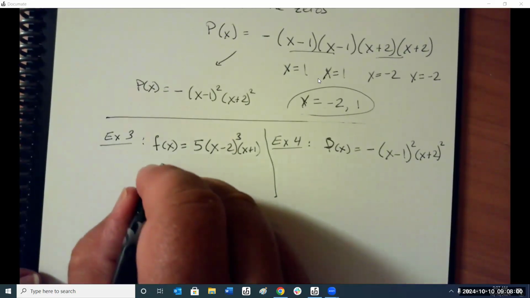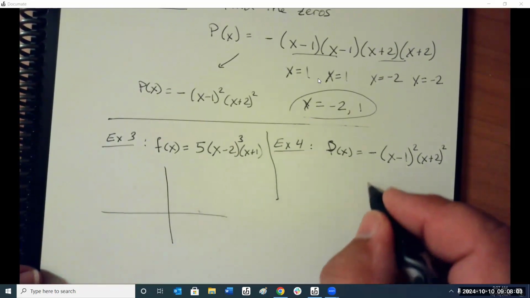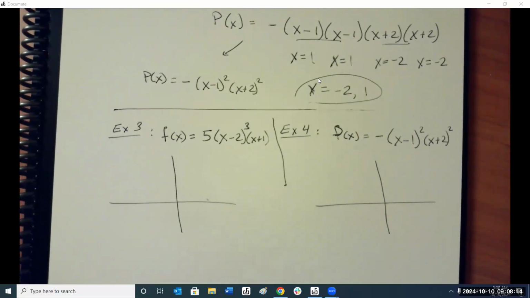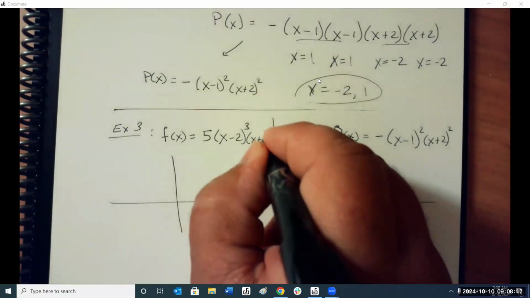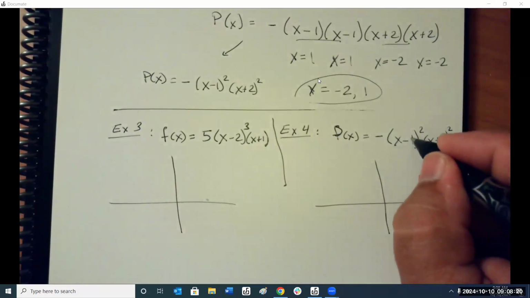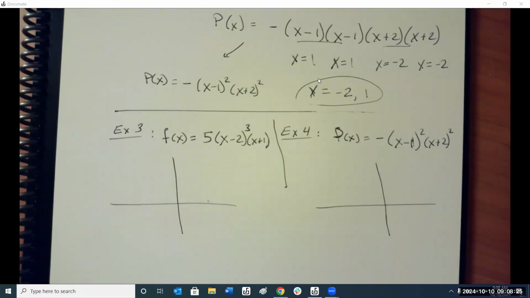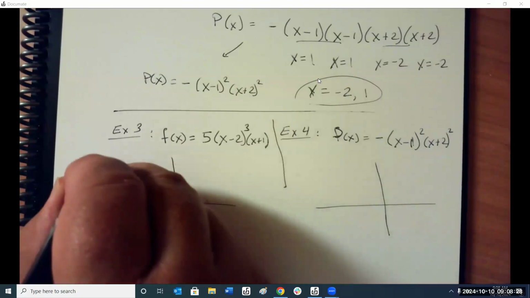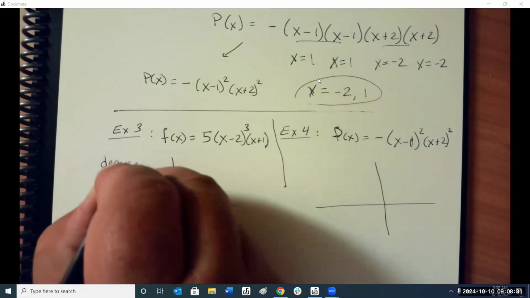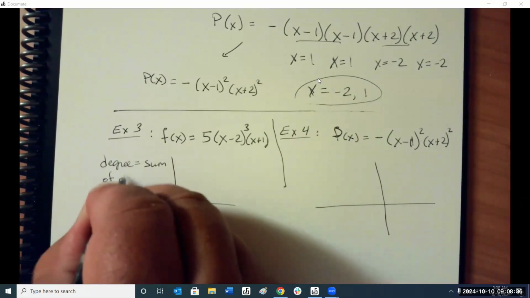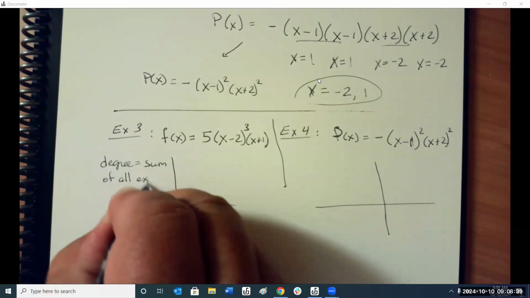So if we were to graph these, what would they look like? What's the degree? Whenever we have multiple of these zeros, the degree is equal to the sum of all exponents.